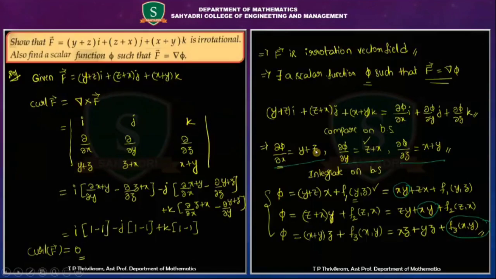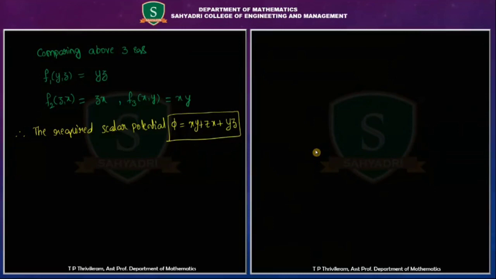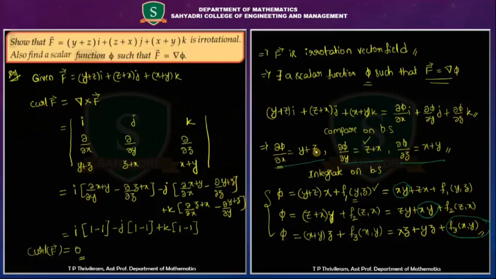You substitute it, how much will you get? zy plus xy plus zx. So that is what we have written here. Only one phi value you will get, so if you write that one phi, that is enough. Fine. Go through the whole problem once again. If you get any doubts, you can ask me.